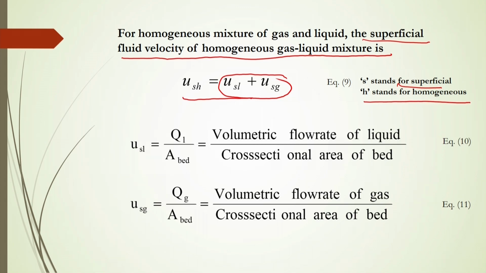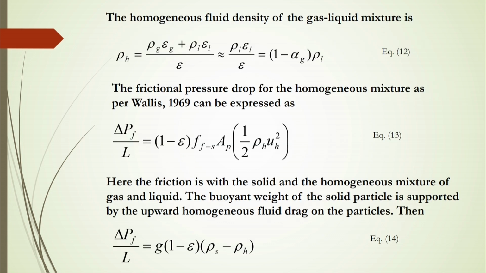U_SL, the superficial liquid velocity, is calculated as the volumetric flow rate of liquid divided by the cross sectional area of the bed, whereas the superficial gas velocity is the volumetric flow rate of gas divided by the cross sectional area of the bed.